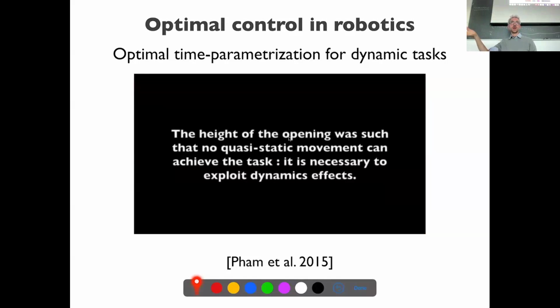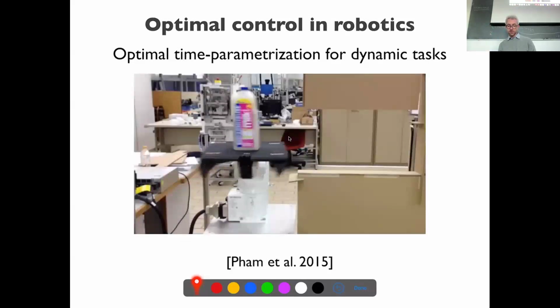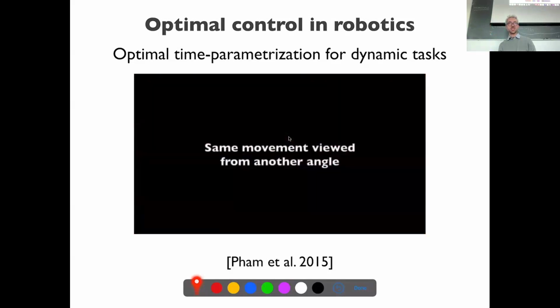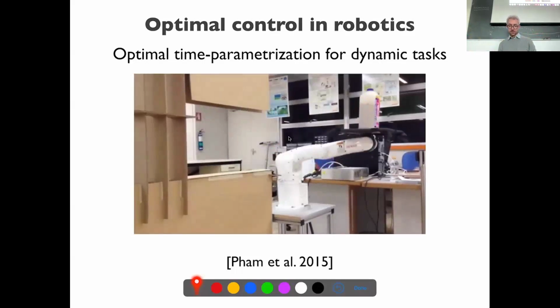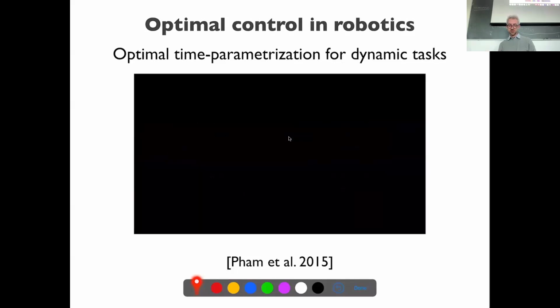But if it tilts it too much, then of course friction is not sufficient and the bottle falls over. So the only way to achieve this task is to make it dynamic like this. You have to pass through the opening with some velocity so that the bottle sticks there and doesn't slip over. And this again was computed using optimal control.